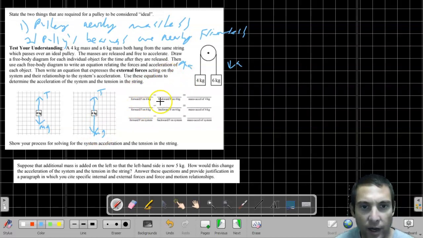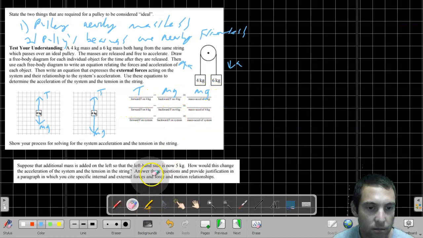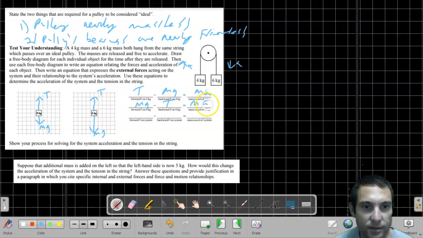All right, so let's do our Newton's second law equations next. Looking at the 4 kilogram object, the stuff that makes it go minus the stuff holding it back equals mass times acceleration. For the 6 kilogram, the stuff that makes it go minus the stuff holding it back equals mass times acceleration.